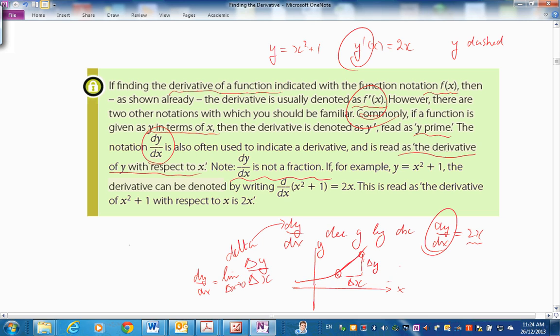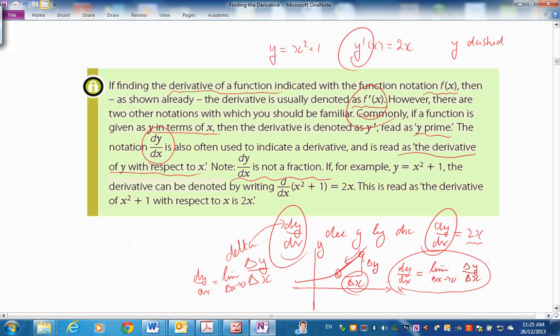So my slope of the tangent, which my derived function f dash x or y dash x, would be the limit as the y step tended to naught. So we're going to move along here, the change in y over the change in x, y step over x step. So that's the origin of that dy by dx. It is not a fraction. It's the limit of that slope of the chord.